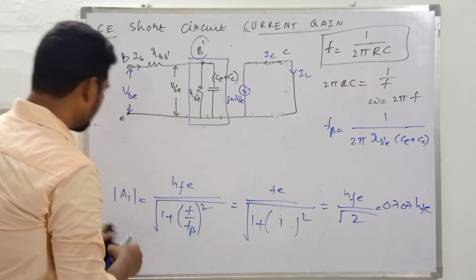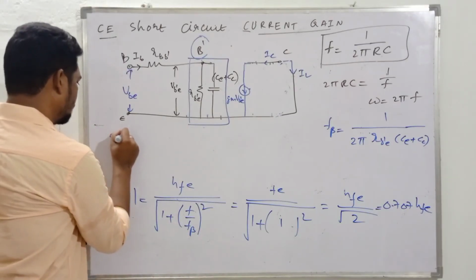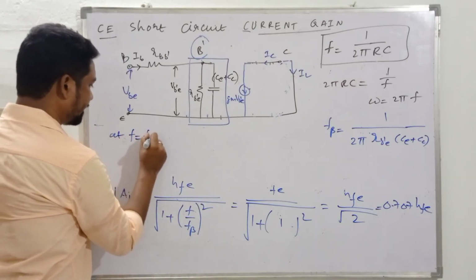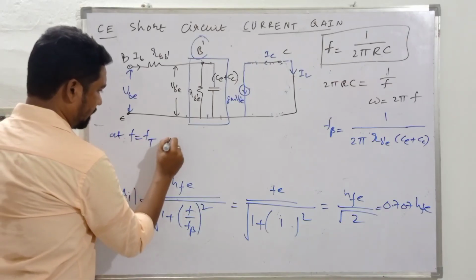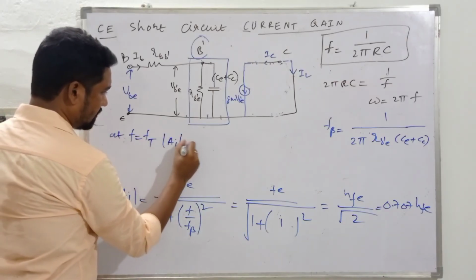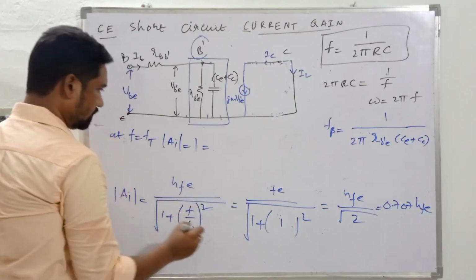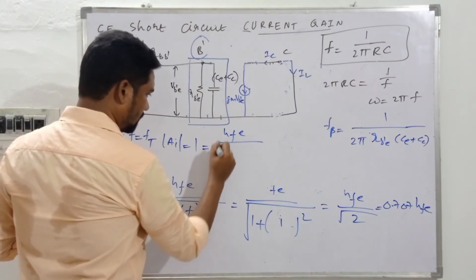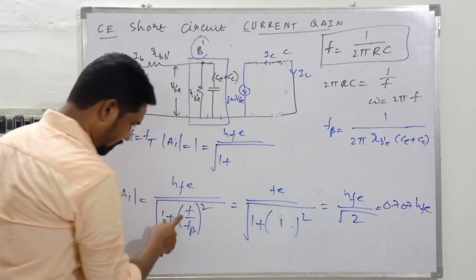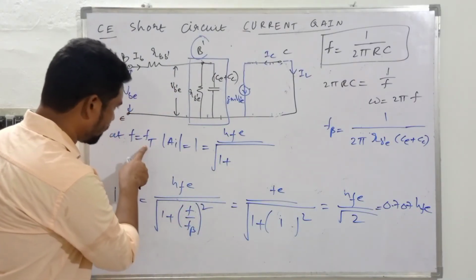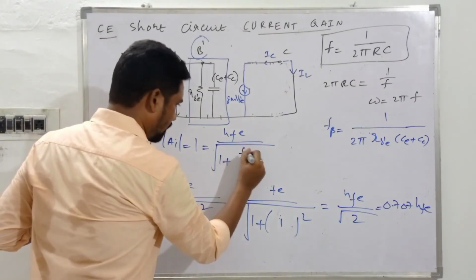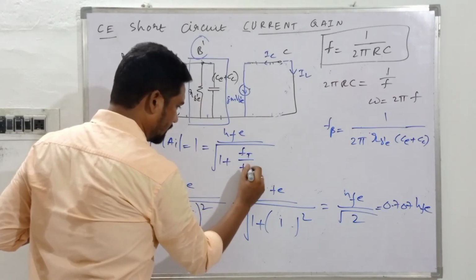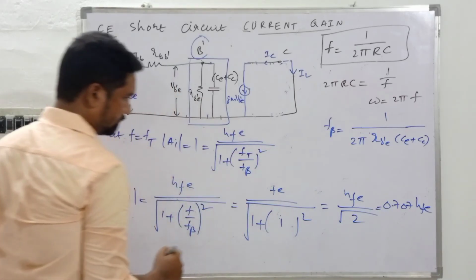Let's see that. At f is equal to ft, let's say, magnitude AI is equal to unity, which is equal to HFE by under root 1 plus, now this f is plugged in with ft, so ft by f beta whole square, right?